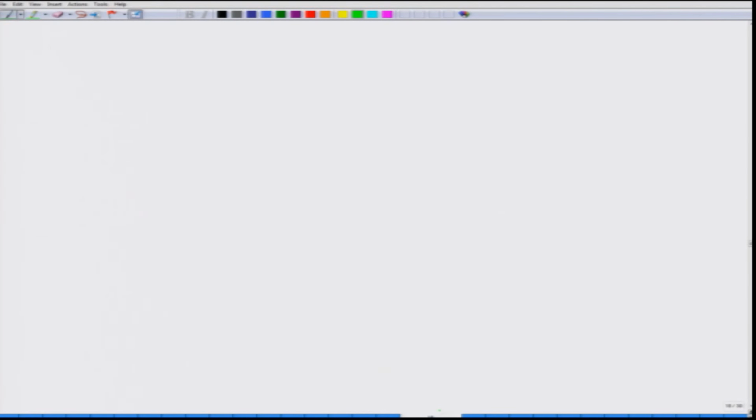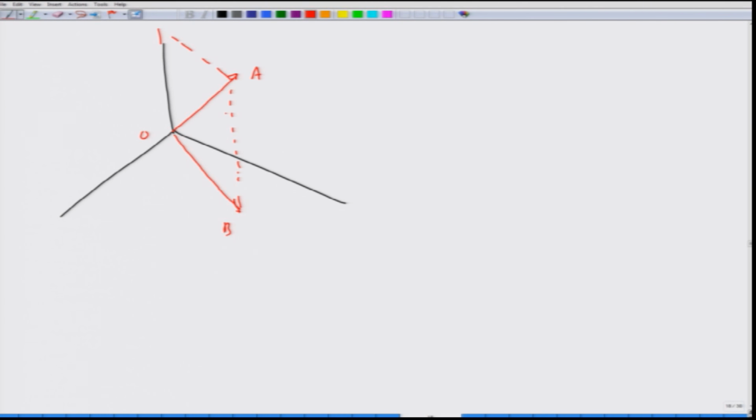So, now back to the problem. The problem that we have is this. I have this vector OA and its projection in the xy plane. That is why you see I am drawing kind of light going down is OB, and its projection on the z axis, you see I am going parallel to this OB, is OC, and I want to show that OB is equal to minus k cross OA.